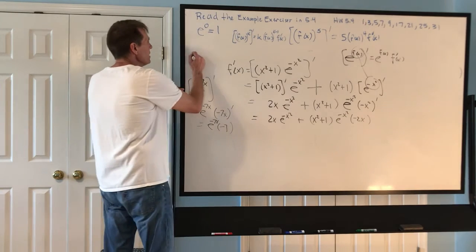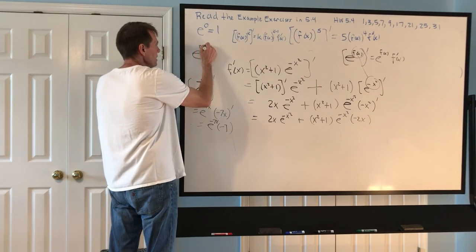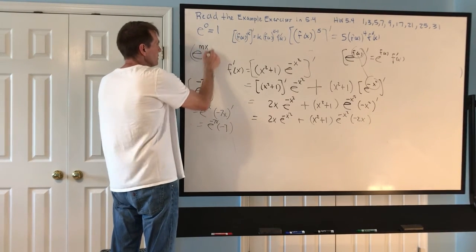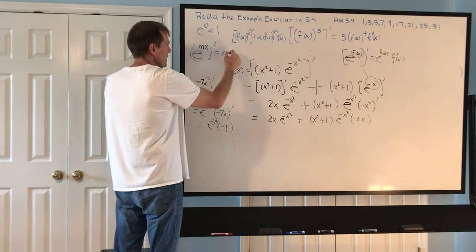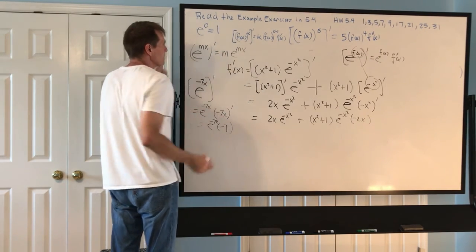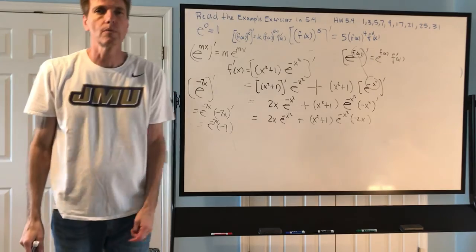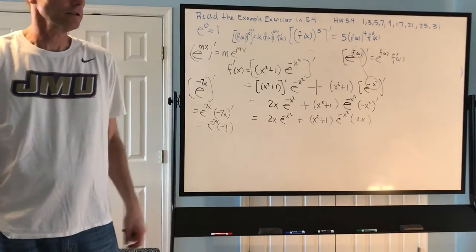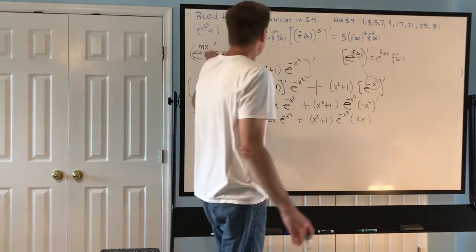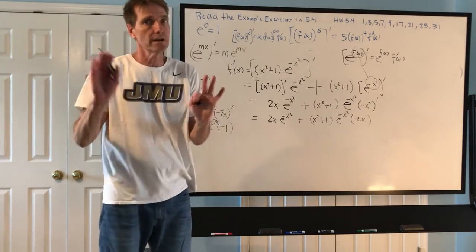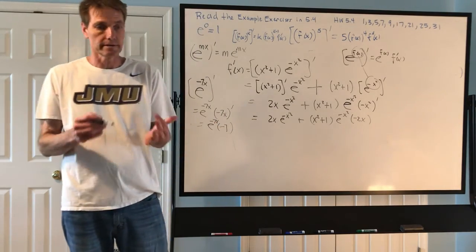So in general, e to any m times x, the derivative is just m times e to the mx. It's just something quick. Sometimes you don't want to have to go through using the flashcard. Now notice this is just a constant times x. I don't want you using it for everything.